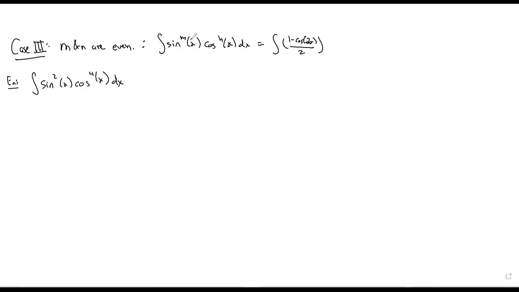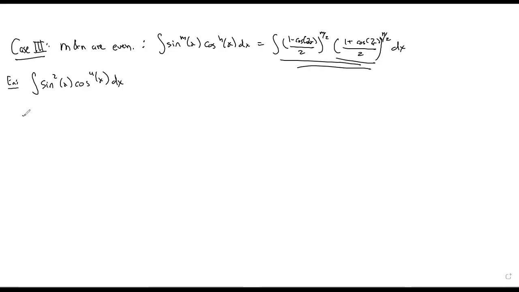So this would be some m over 2 power times 1 plus cosine 2x over 2 raised to the n over 2 power dx. And now we're going to integrate these. Don't forget that m and n are even, so 2 will divide into it evenly. So we don't have radicals here. We still have nice even powers. So this is what we're shooting for.